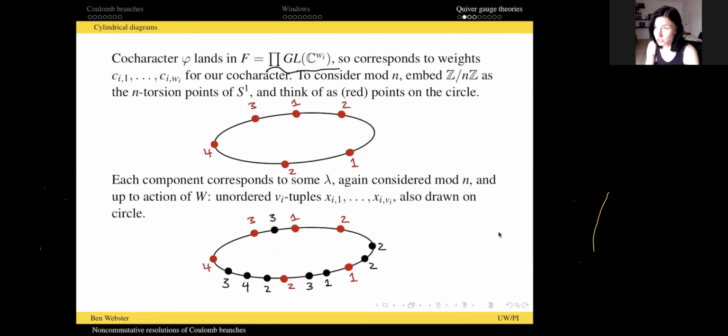True or false? If you just keep track of the ordering, and we just ask about different orderings of the red and black dots, then we have a one-to-one correspondence between the orderings and fixed points on the Coulomb branch. I don't think so. But there is still some correspondence between fixed points and the orderings.